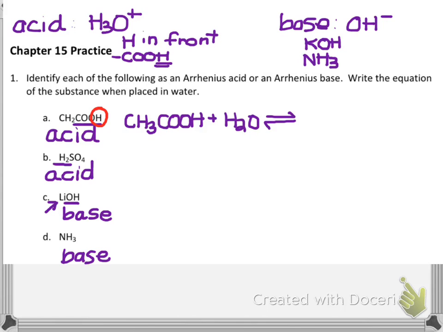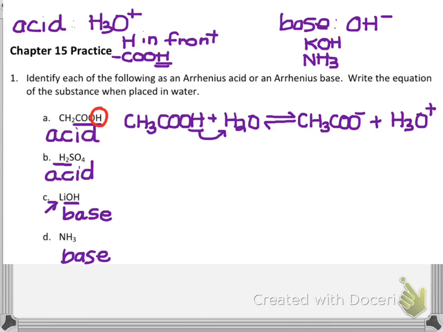We didn't really go over that too much. I'm going to include the double arrows here, but if you had just written a straightforward arrow, that would be okay. But this hydrogen here is going to come off and go to the water. So we would get CH3COO-. I'm taking off an H+, so that leaves that with a negative. And then the H+ goes to the water, and I get H3O+.